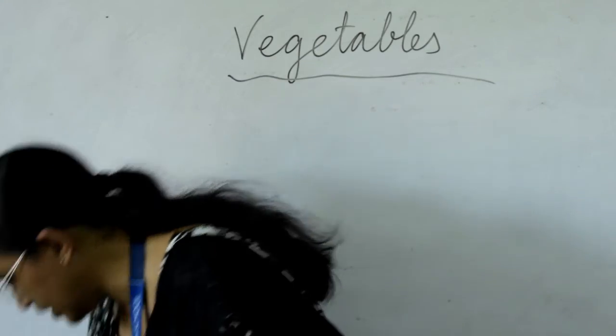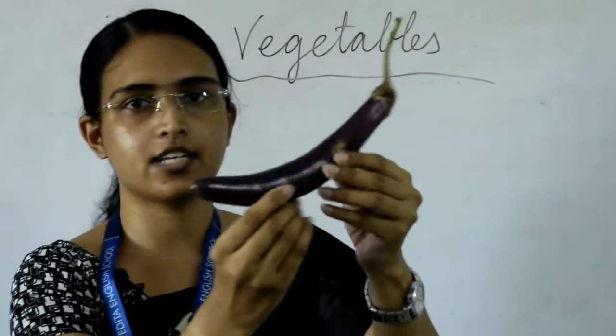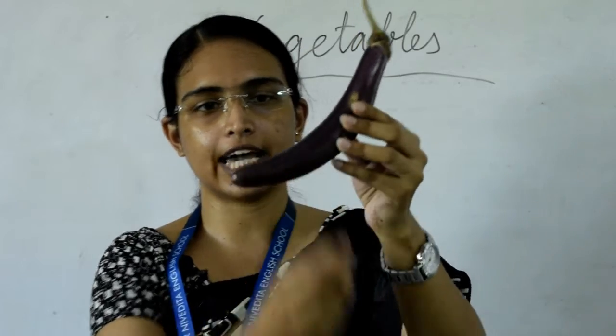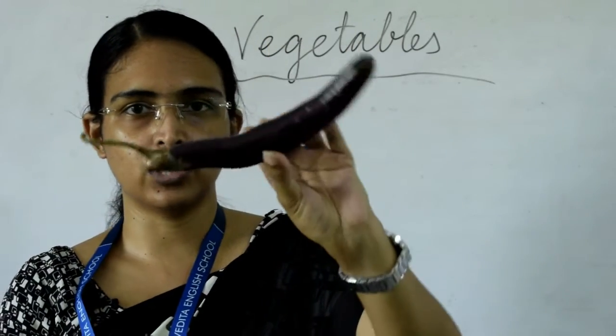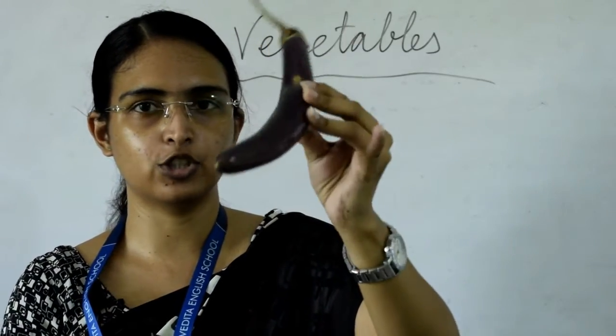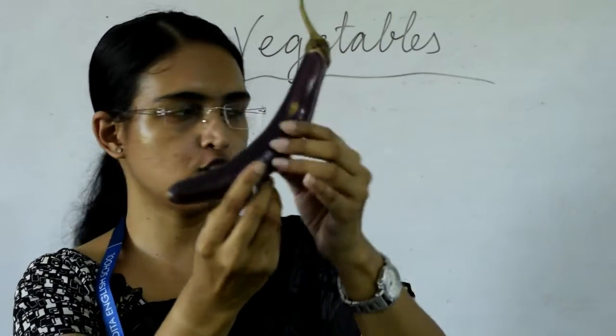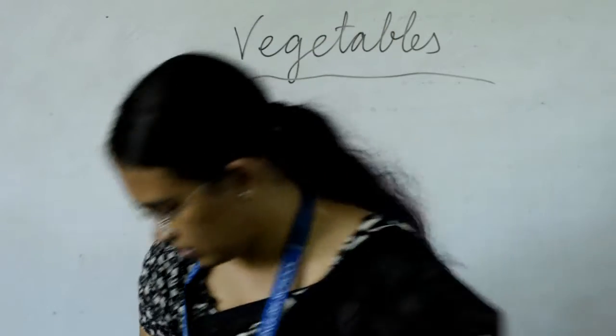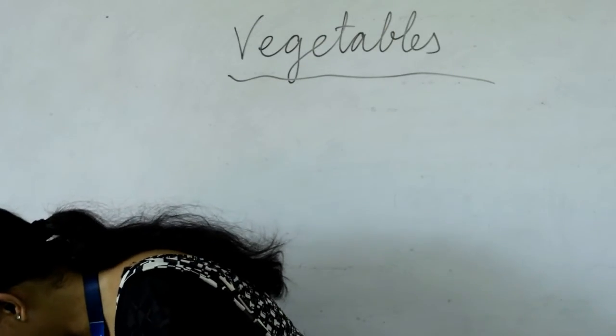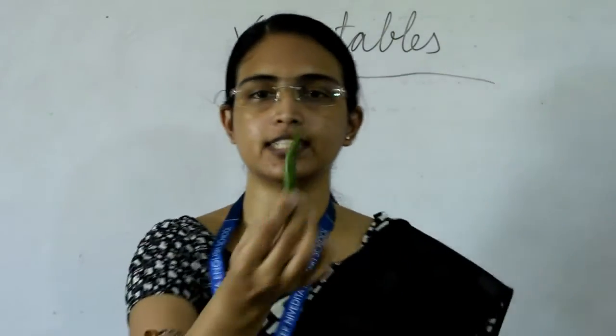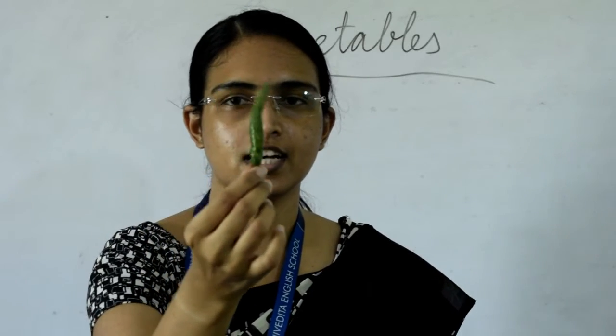Now tell me, what is this? This is a brinjal or eggplant. Do you love this? I love brinjal. Which color is it? It is purple color. So this is also a vegetable. Now what is this? This is a chili.